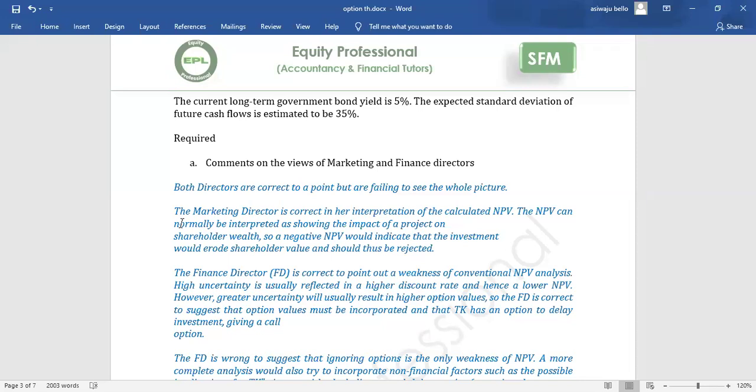However, greater uncertainty will usually result in higher option value. So the finance director is correct to suggest that option value must be incorporated and that TK has an option to delay the investment, giving it a call option.